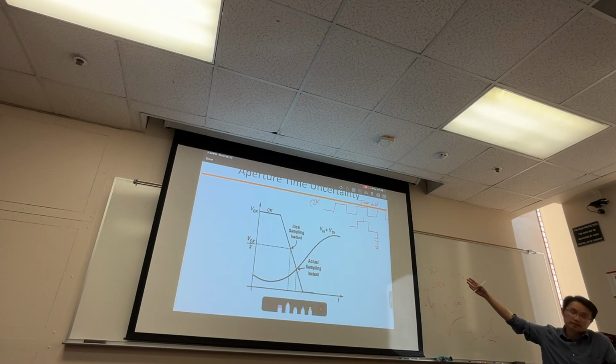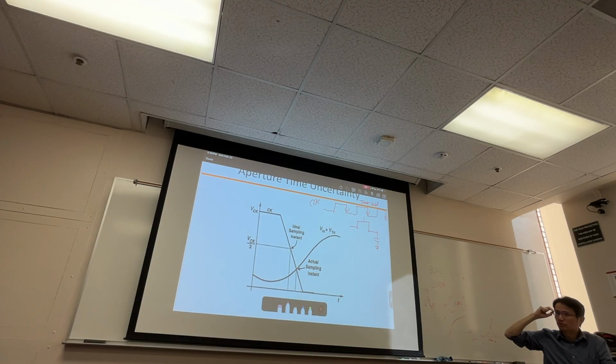So where is the sampling instant again? The delta function, remember the delta function? It's between track and hold, so it should be at the falling edge. Do you agree? In the case where I use a MOS as a switch, it's always the falling edge of that sampling clock that will determine your sampling instant.